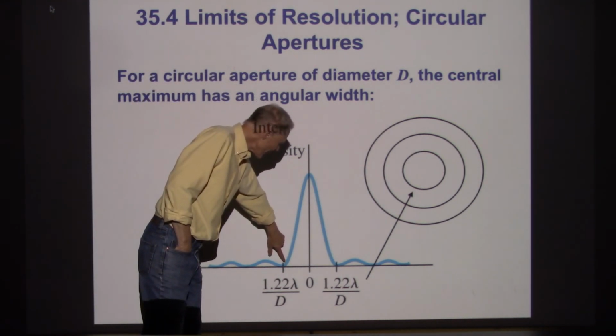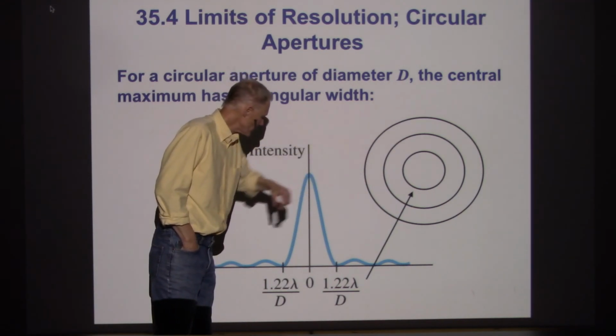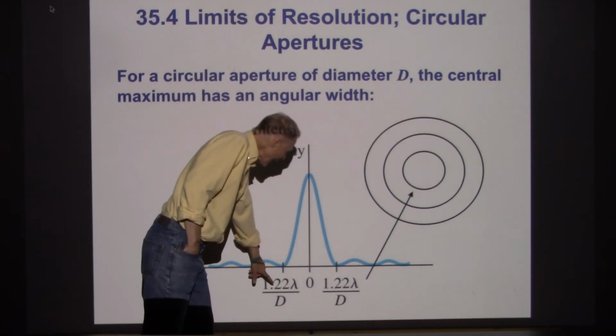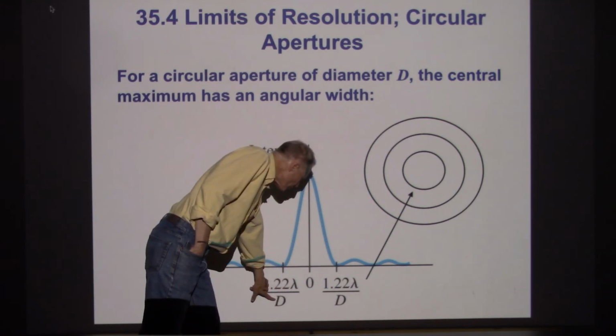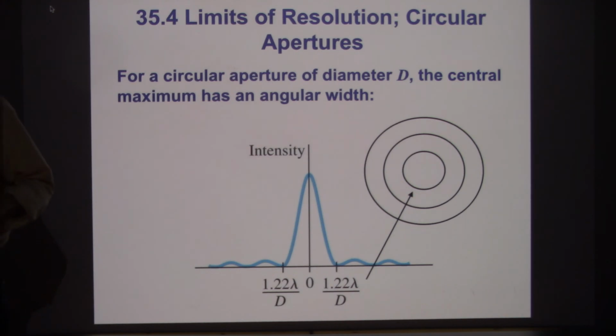But you can actually derive these numbers. It turns out that the circular zero region actually occurs at not lambda over d, but 1.22 lambda over d, where the 1.22 comes from carrying out an integration over all of the phase differences of all the light reaching that two-dimensional surface.